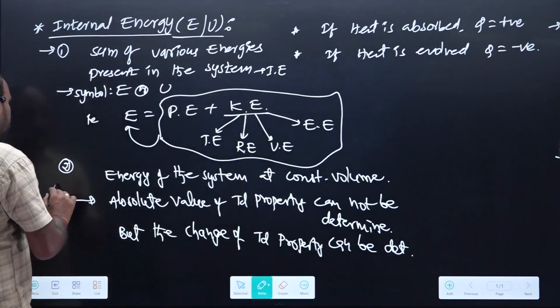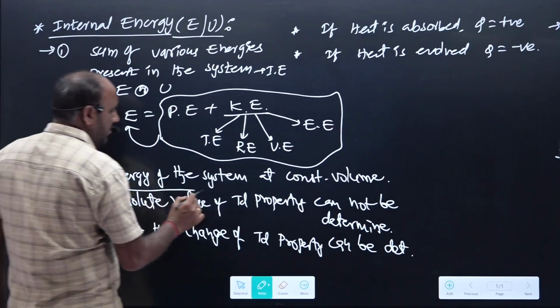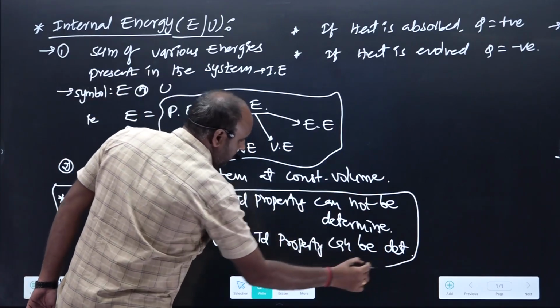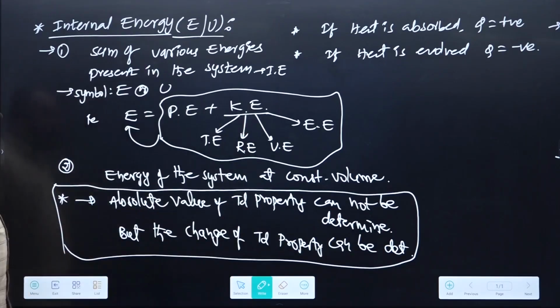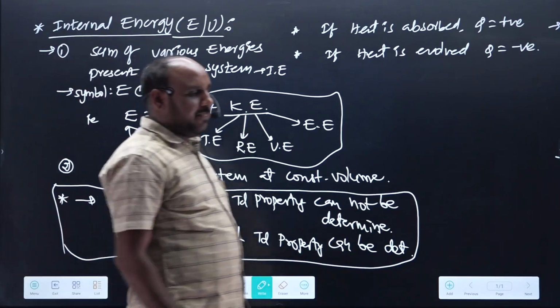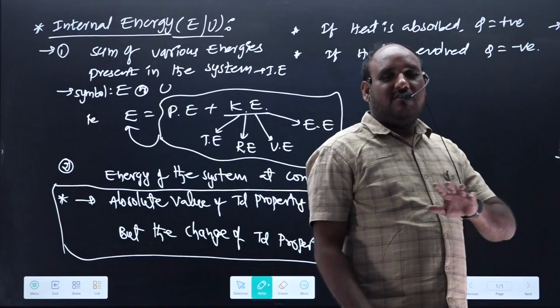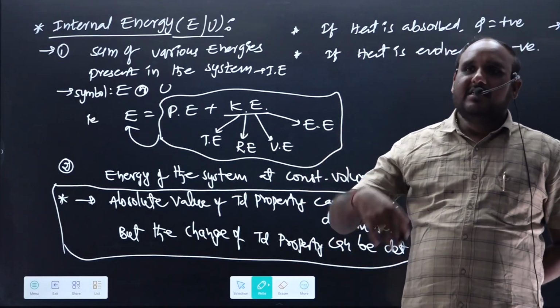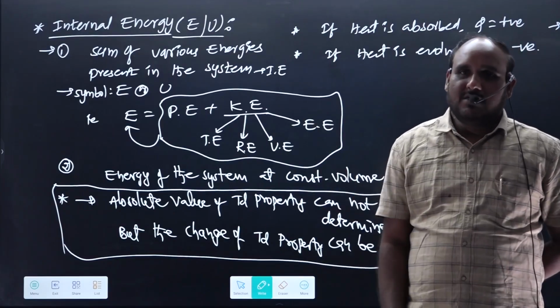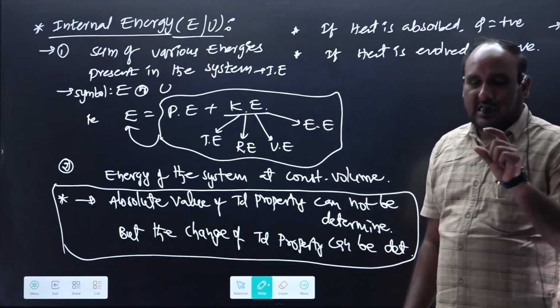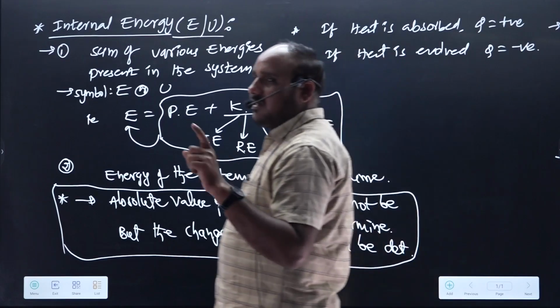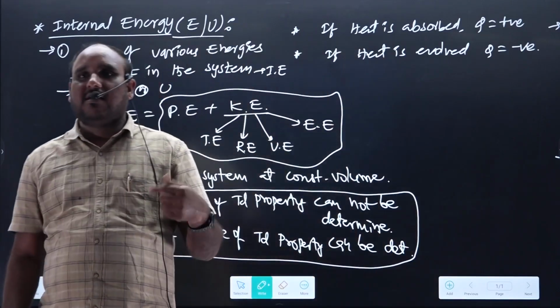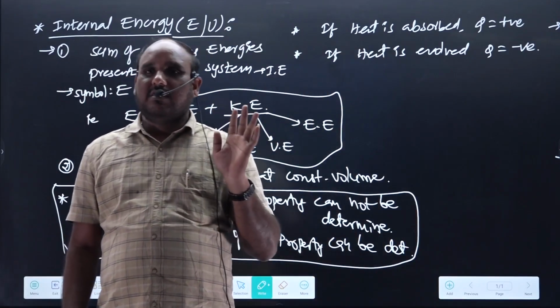This is mostly important to notice, because we are going to discuss so many thermodynamic properties. The exact value of a thermodynamic property cannot be determined, so we can get the change of thermodynamic property only. That's why we have to write delta E, delta S, delta G, delta H, delta A. That is only what we have to determine.